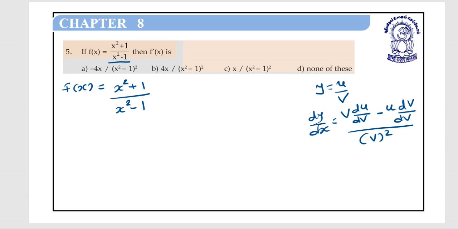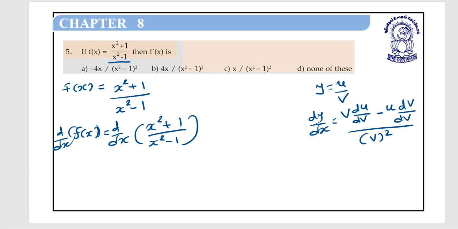So using this formula, d by dx of f of x is equal to d by dx of x square plus 1 upon x square minus 1.